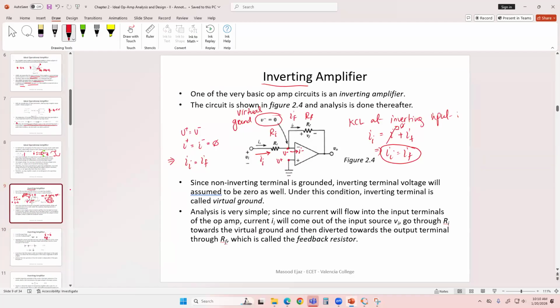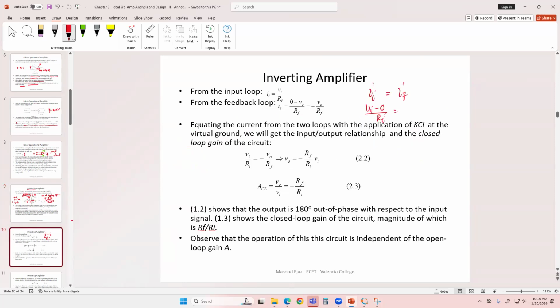And IF, again by Ohm's law, is 0 minus V out over Rf. And that's what you see over here.